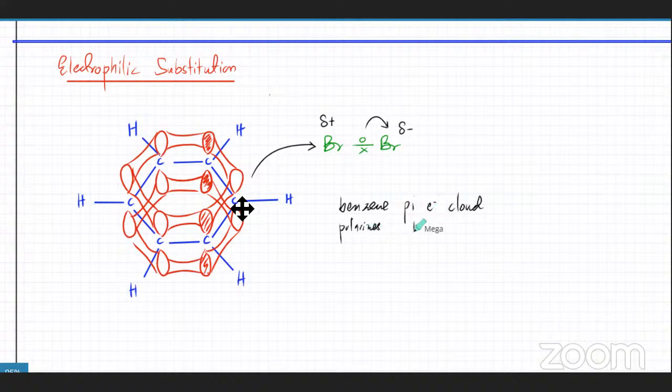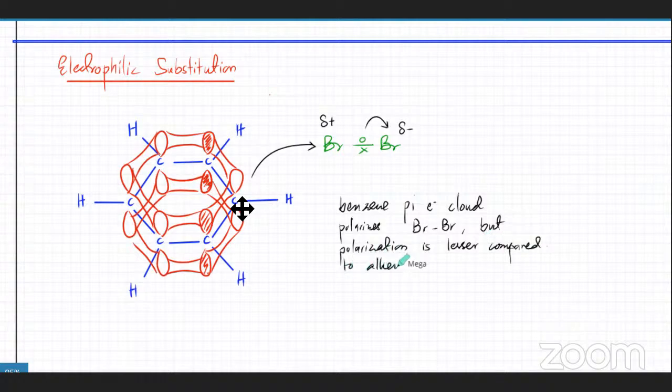So it polarizes Br2, but the polarization is lesser compared to alkenes. And because of the lesser polarization, the reaction does not actually happen.